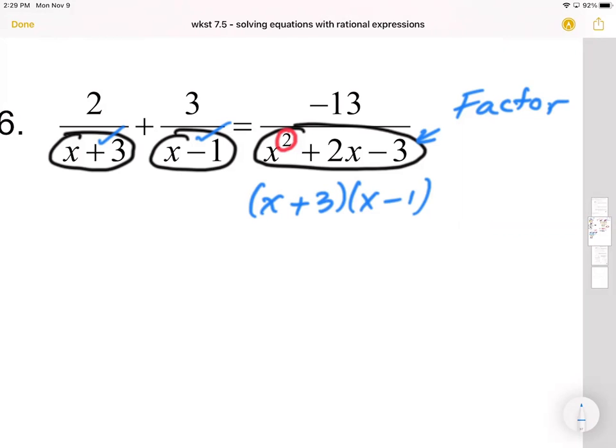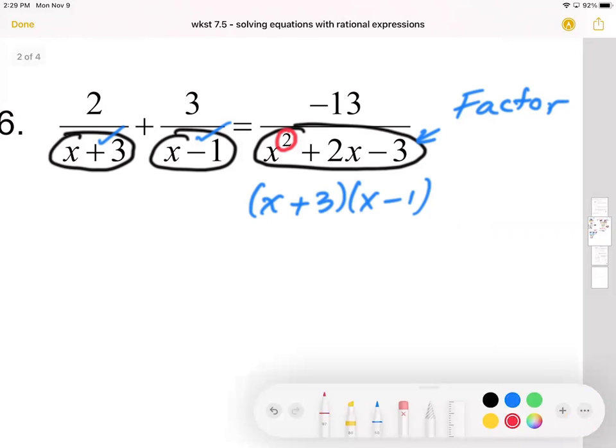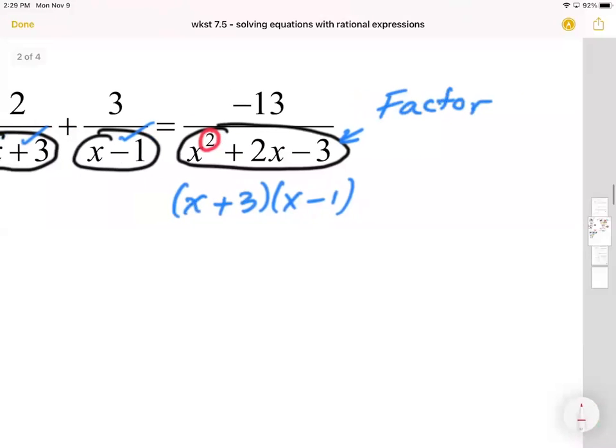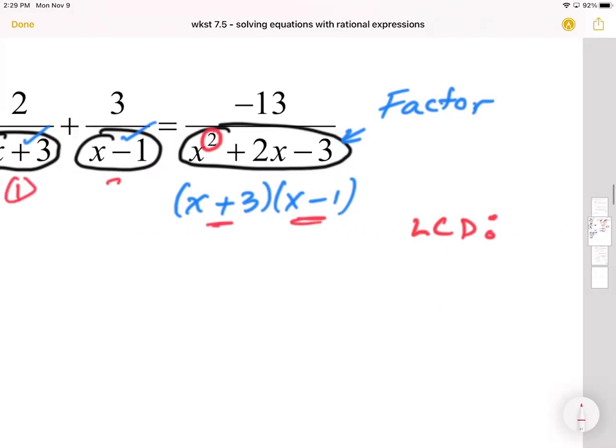So how do we find the LCD, ladies and gentlemen? To find the LCD, reminder, all we need to do is merge all of them together. But if they happen to repeat at a different location, I have one location here, two locations here, and three locations here, all you do is use it once.